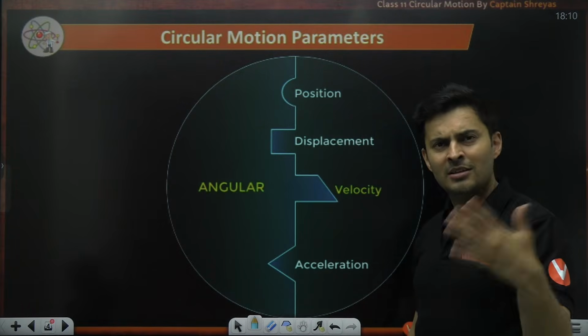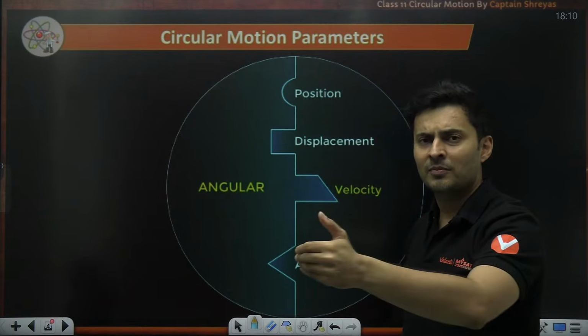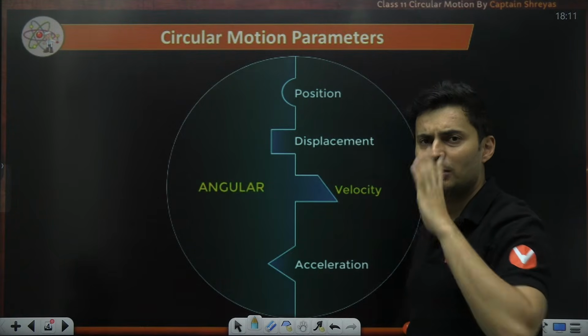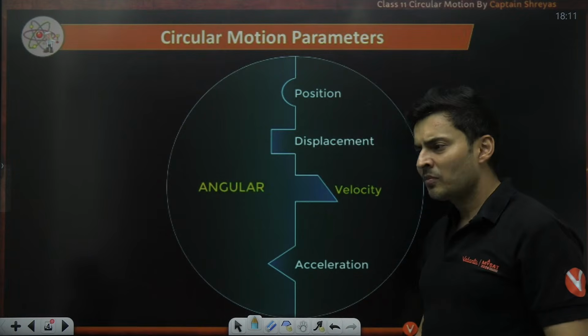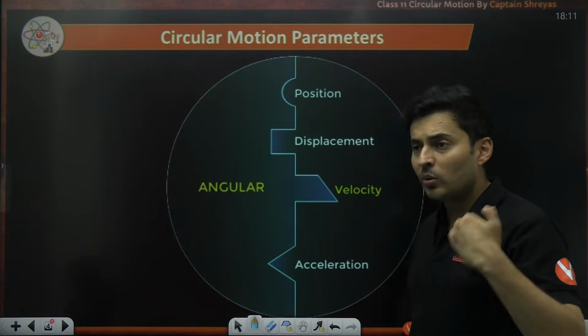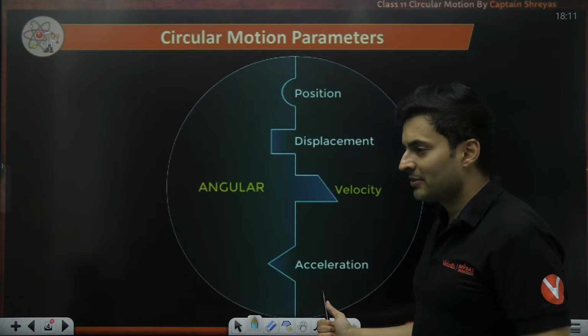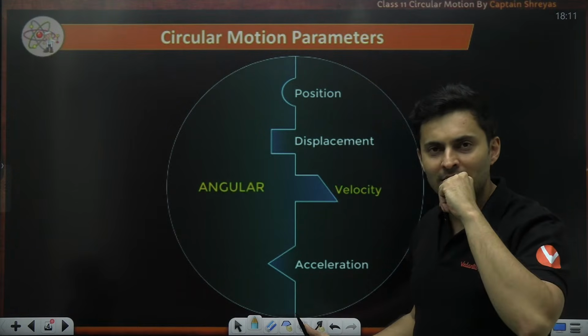"Sir, displacement, that also I know, sir. I was here, now I am here." How much is my displacement? You just draw a straight line from the initial to the final point. Velocity, how quickly you are moving, right? V. Acceleration, how quickly you are changing that velocity. "Sir, I already know this. What are you going to teach them?"